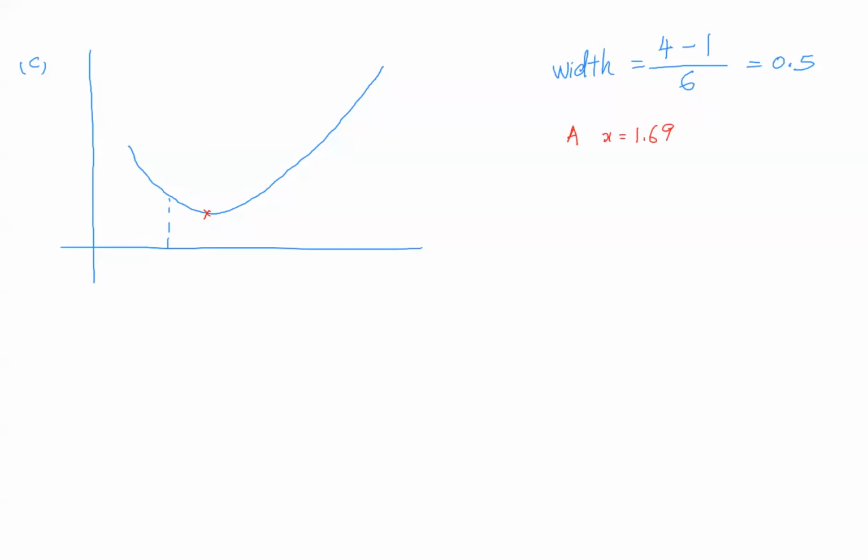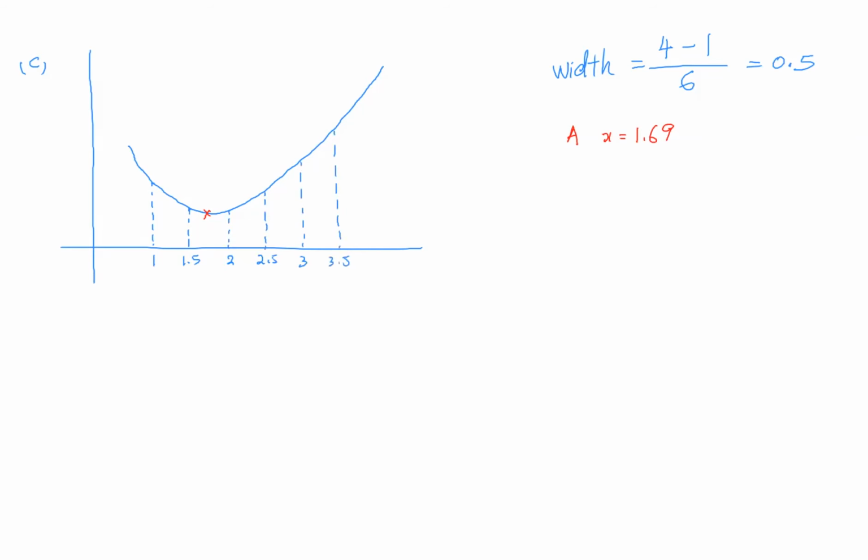Okay, so from 1, hold on. Let me redo. Okay, 1 is here. 1.5 is here. 2 is here. 2.5 is here. 3 is here. 3.5 is here.